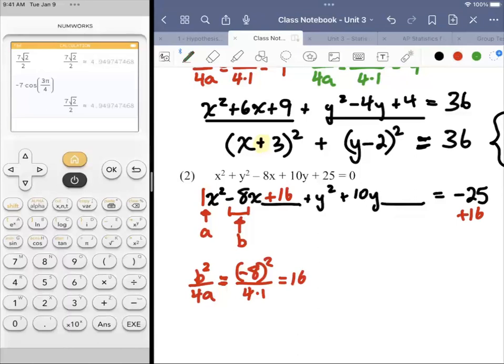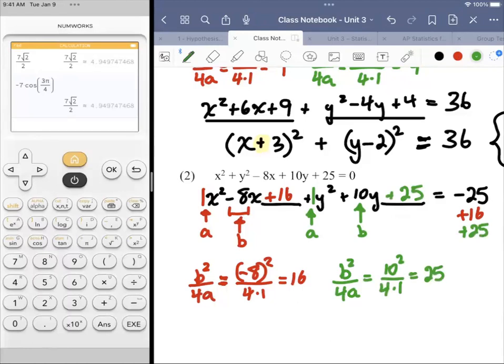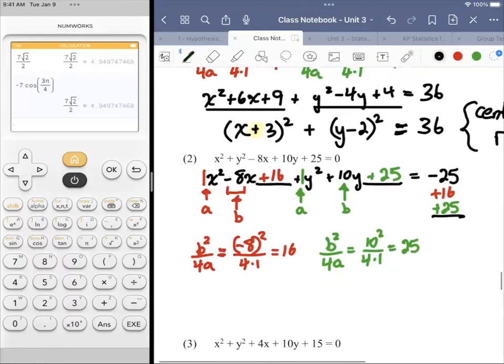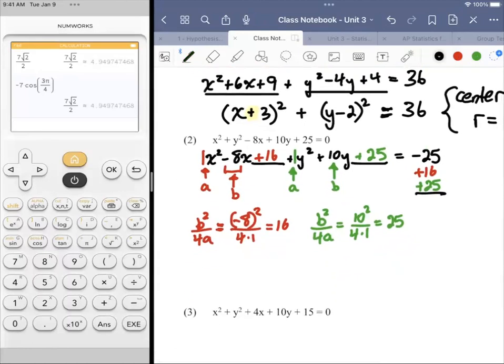Same idea for the y's. Understood 1. Got the b. b squared over 4a. 10 squared over 4 times 1 is 25. So plus 25, plus 25. Use highlighters here, kind of make it a little easier.